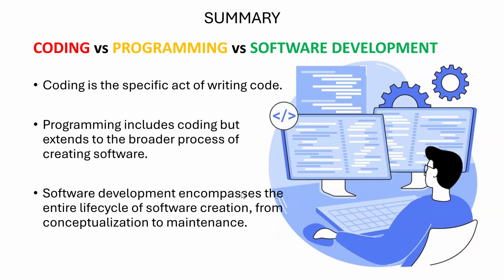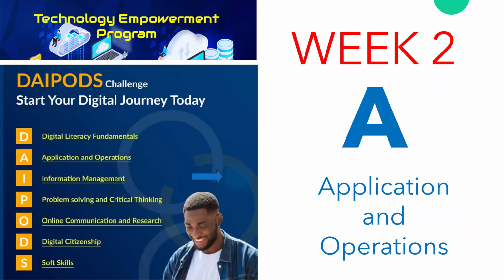So, a sneak peek of next week. I still have 1 minute. Let me just share a screen to show you what we are going to be dealing with next week. So for week 2, we're going to be looking at application and operations.